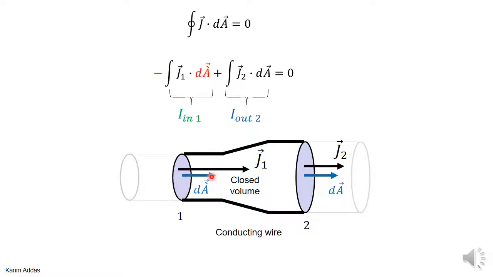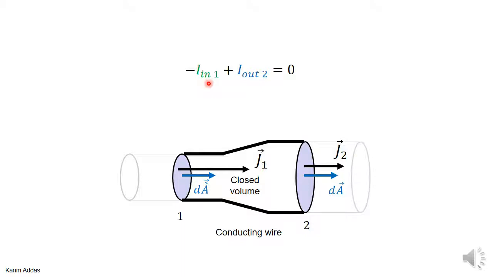And so minus dA prime is exactly the same as dA that we had before. But now in this case, the integration of J1 dot dA prime is the current going into the surface. This is I_in, because the area vector is pointing into the volume in this case. So we have now that minus I_in plus I_out is equal to 0.